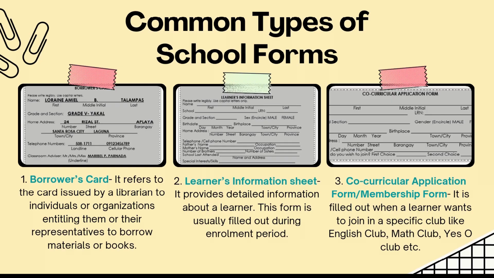It asks for your name, grade and section, home address, telephone number or contact number, and your classroom advisor. Remember the use of the borrower's card. We use it to borrow a book or material from the library.